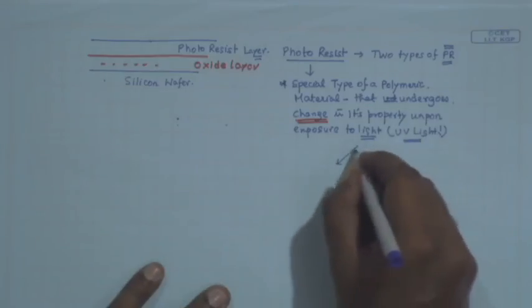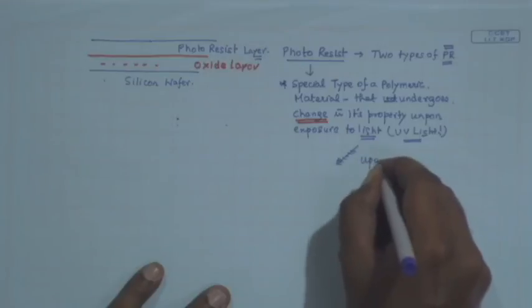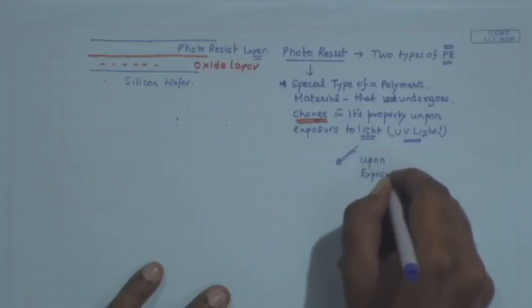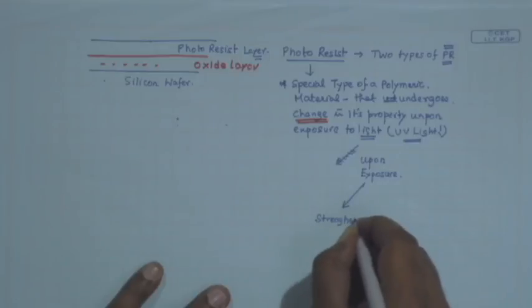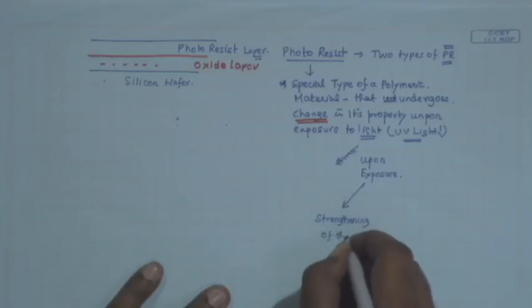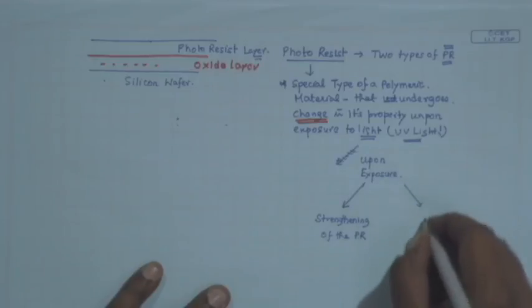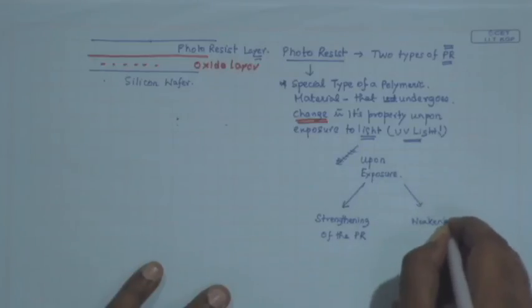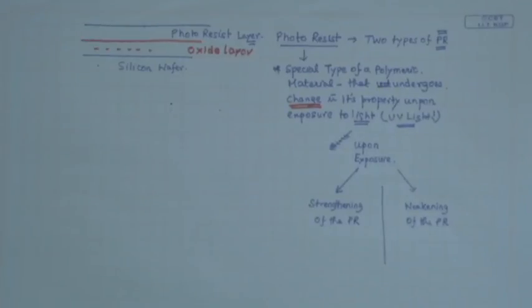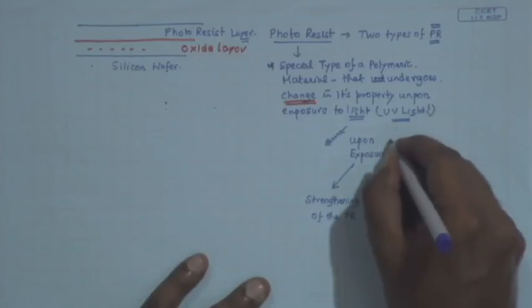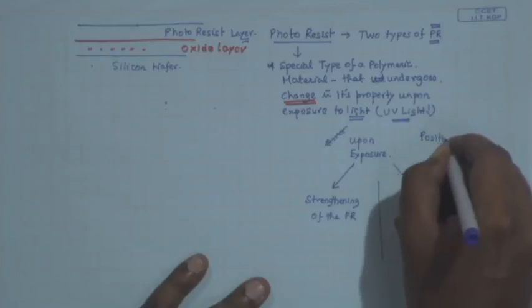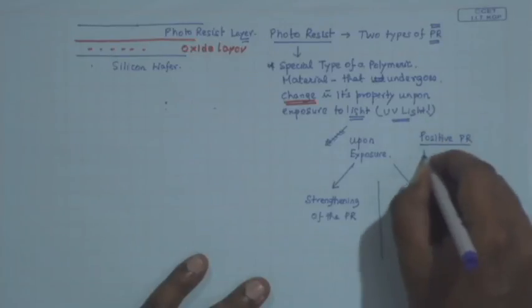So these two possibilities are there. Some of you might know, or might have already done a search, that there are two types of photoresist, and this is actually called the photoresist tone: positive photoresist and negative photoresist.